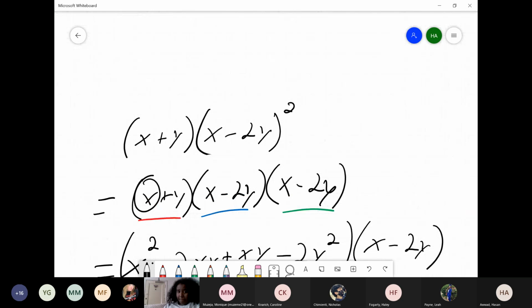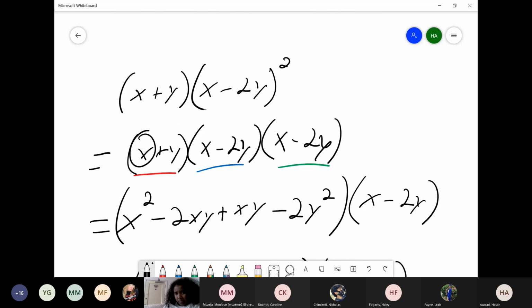Okay, so just to go through the steps here one more time, what we did was we noticed that there was this exponent here that we had to decompose. We had to break it up into the two different binomials. So we list the binomial twice because that's what the exponent tells us to do, right? It's itself times itself.